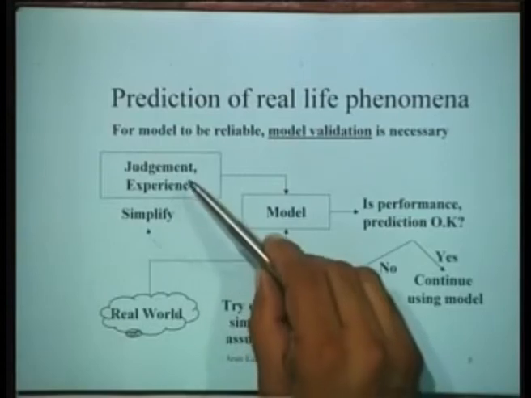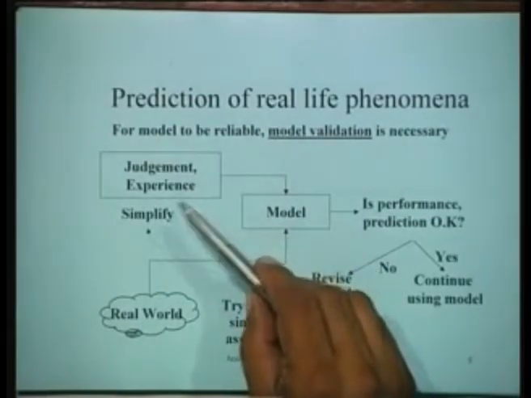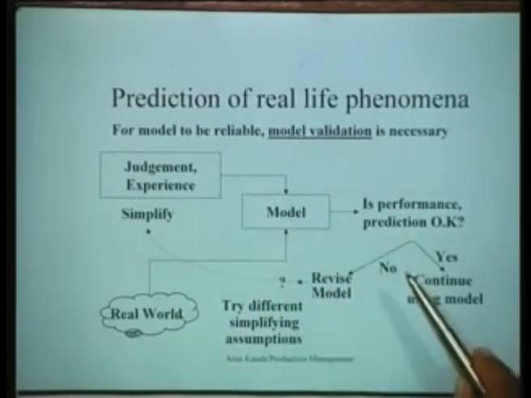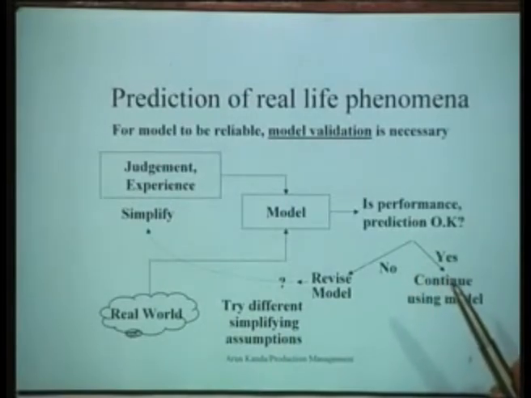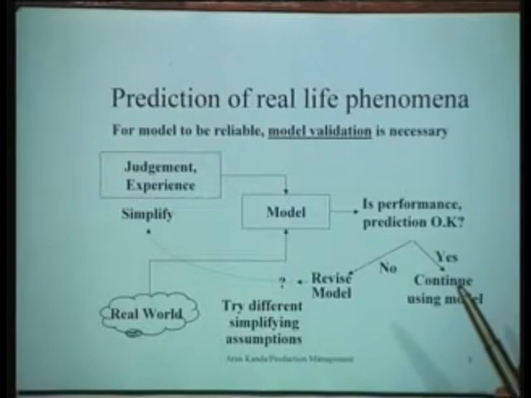So, which again refines your judgment and experience, and this is then an ongoing process which helps you to make models, refine models and use them for purposes of decision making, because our intent here is to see how models are useful for decision making.